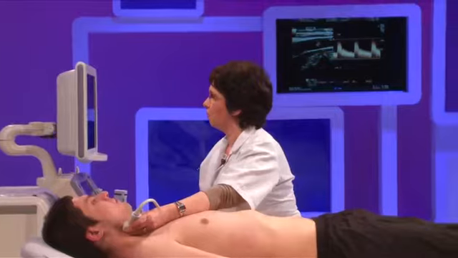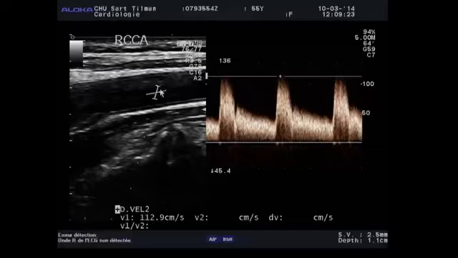This one is a good way to do it. I have the incident beam here in the direction of the blood flow, and I have this beam here parallel to blood flow. But the incident angle, also called theta angle, is 64 degrees. It should be less than 60 degrees, between 30 and 60 degrees.